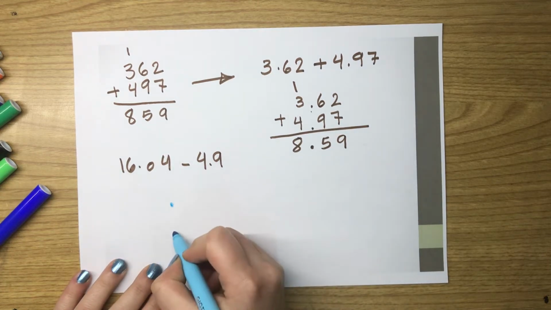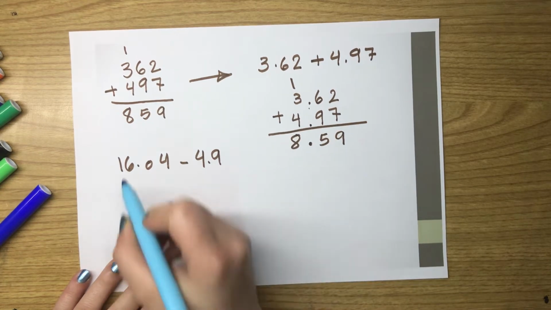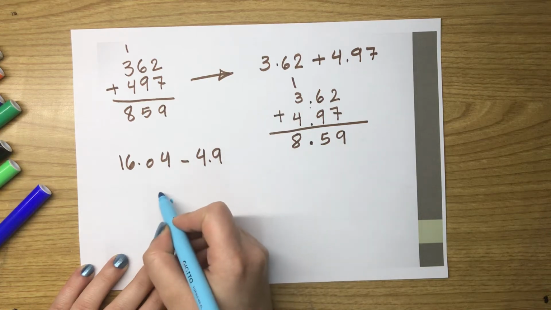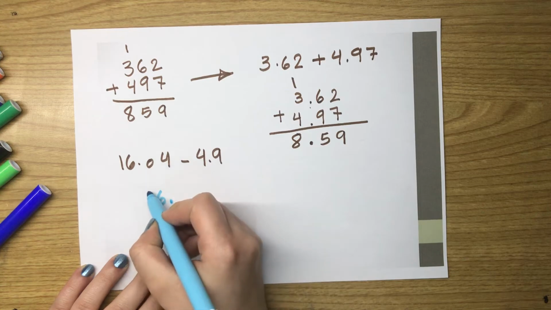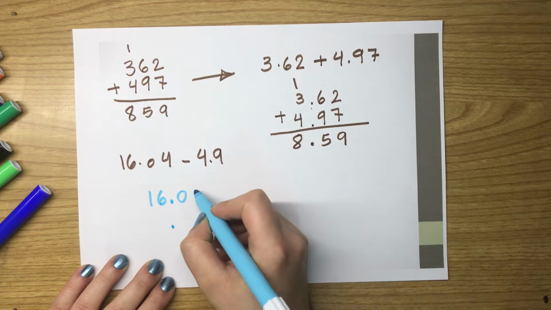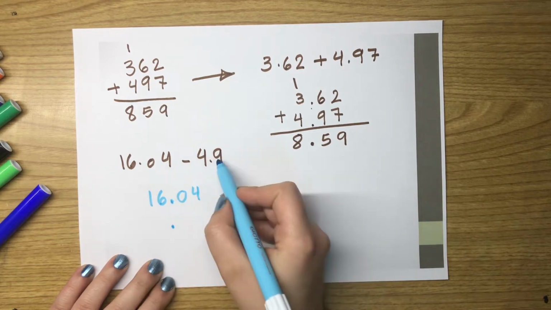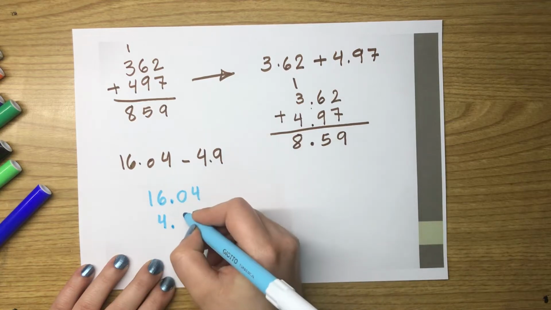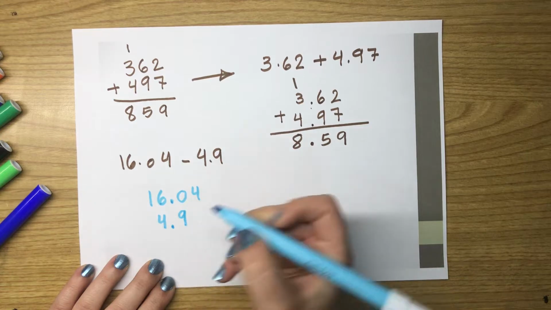Point for the first one, point for the second one. Now put them in the right places. Here is 6 in the ones, 1 in the tens, 0 in tenths, 4 in hundredths. Now for the second number, 4 in the ones, 9 in the tenths.